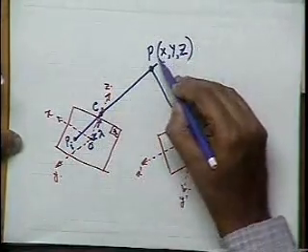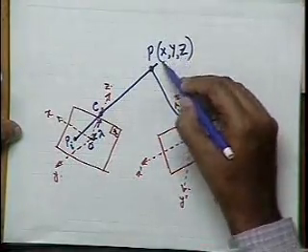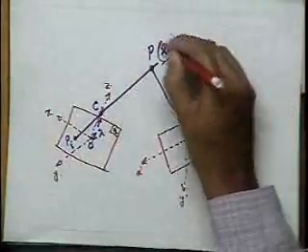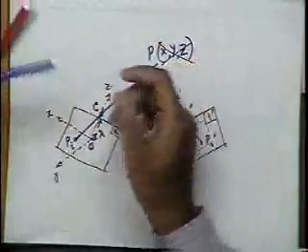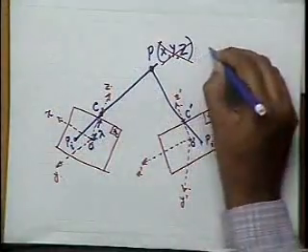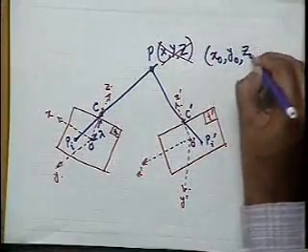So instead of writing this as capital X, Y and Z with respect to the world coordinate, I will now write the coordinate of the point P with respect to the coordinate of the first camera as x0, y0 and z0.